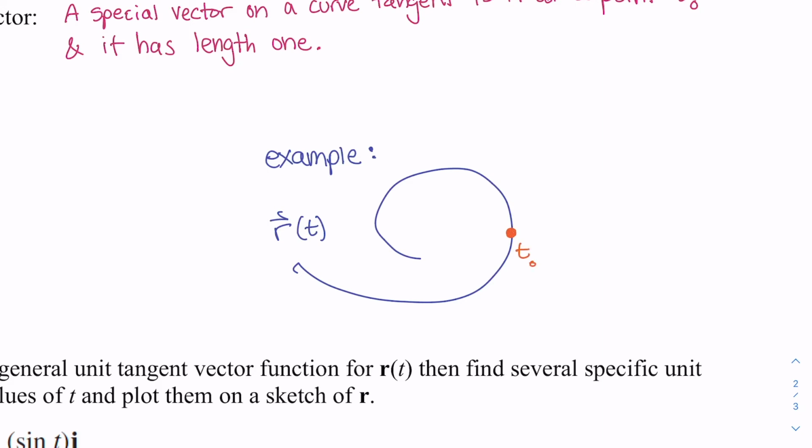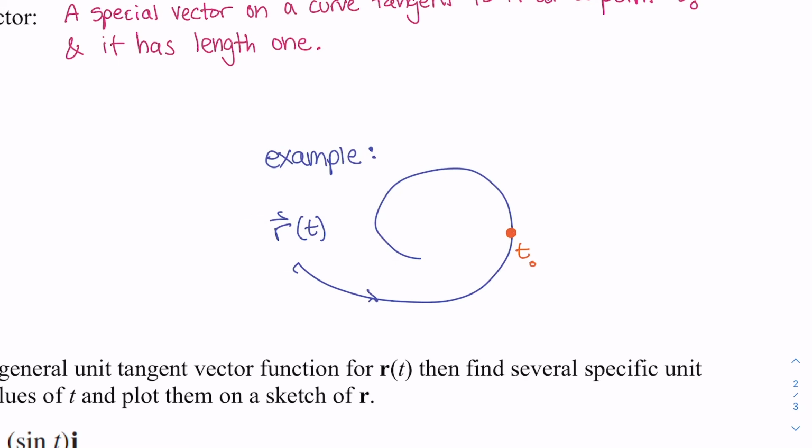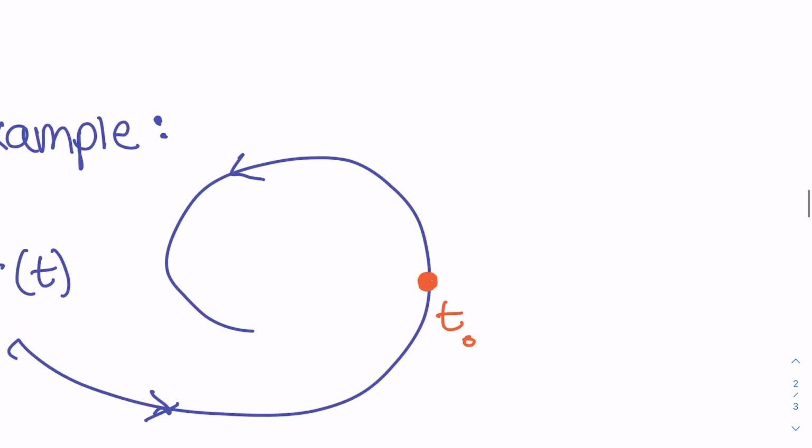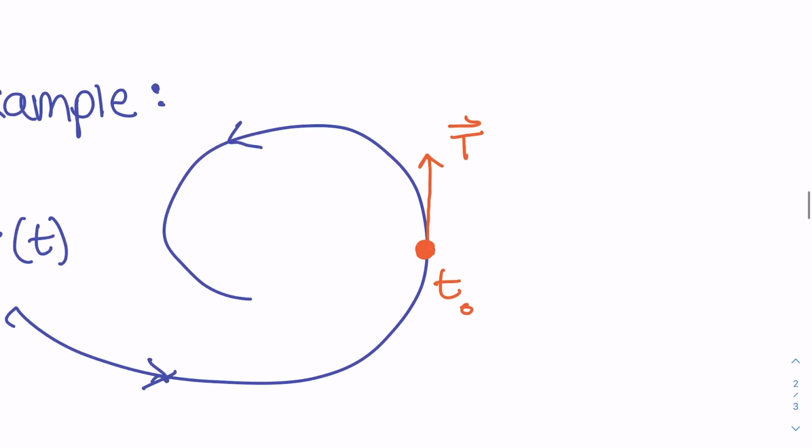In this case, if the curve is going in this direction, as t increases you go this way, then we know the unit tangent vector is going to be a vector pointing in the direction of motion, tangent to the curve. So there's capital T. And we know that the length of the vector is going to be 1. So it's just 1 unit long.